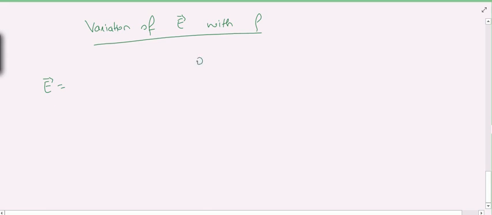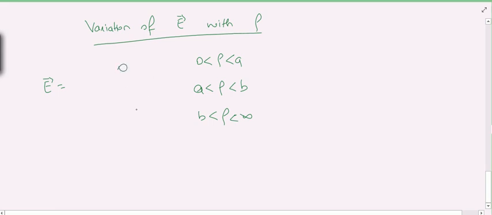And we can plot this variation also, variation of E with radius of the Gaussian surface rho. So if I write the E value for all the ranges, that is from 0 to A, A to B, and B up to infinity.